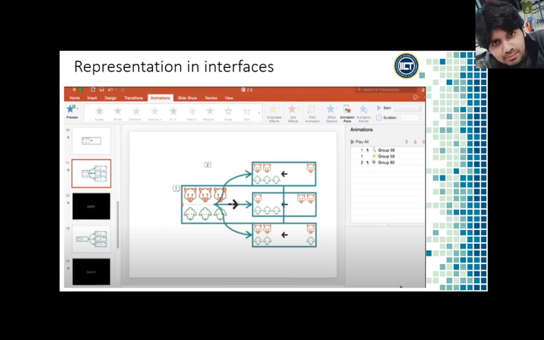The PC version of PowerPoint makes this even better by showing you a timeline of the different animations to the right. That lets you very easily visualize when two different things are going to happen at the same time, or when something waits for something else to happen.